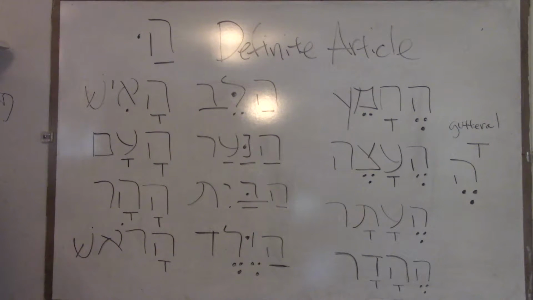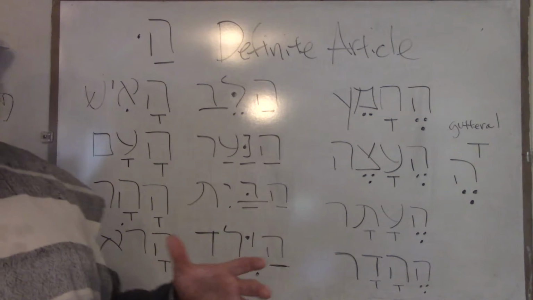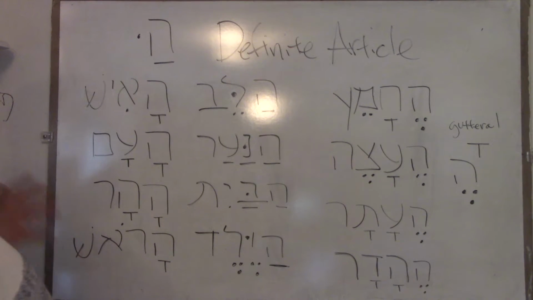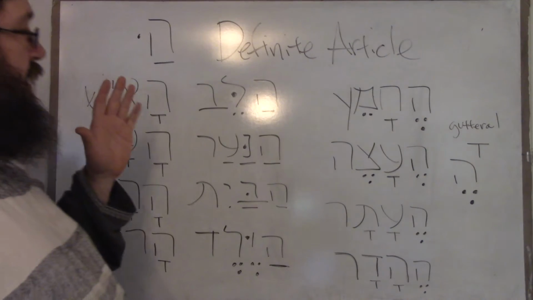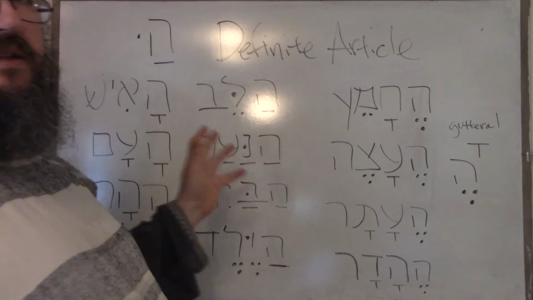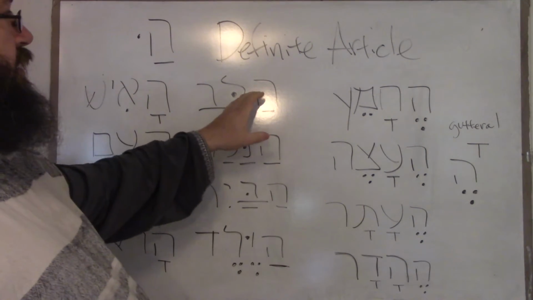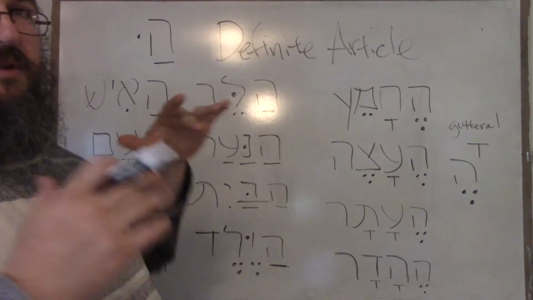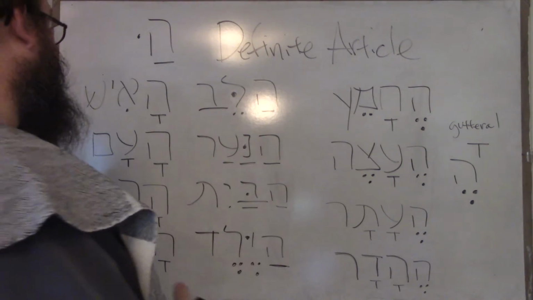Okay? So we have three basic rules we have to follow. Number one is any typical noun that can take the dagesh, we're going to put the dagesh, the hey in front of it, and the patach is going to be the signifier that this is the definite article.